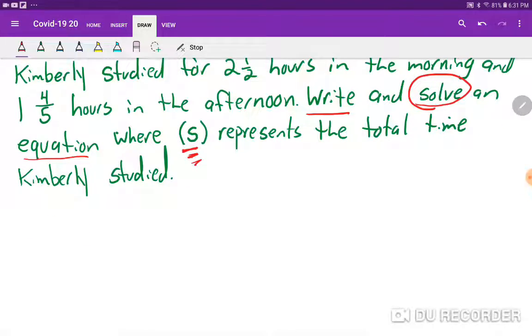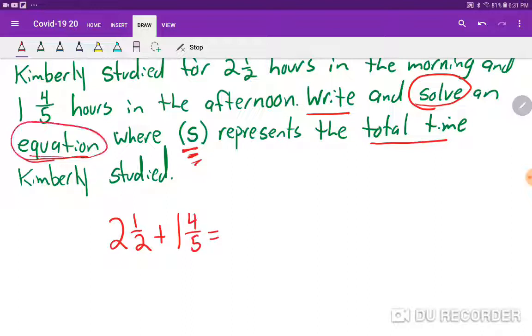Okay, so we have 2.5. Total time again is add, plus 1 4/5. Equals, remember equation means equals, expressions don't have an equal sign, and it says it has to be the letter S. So there's our equation, but now we need to solve it.